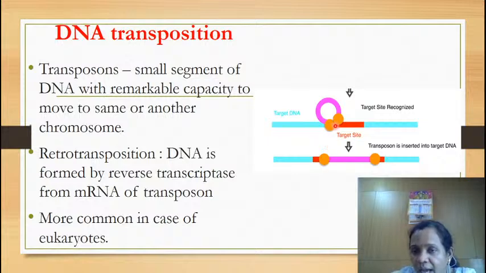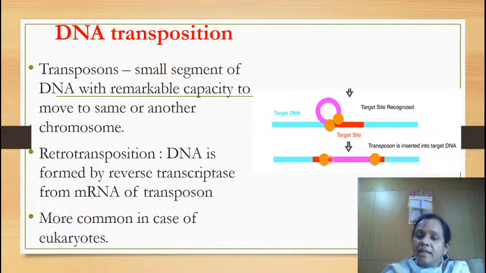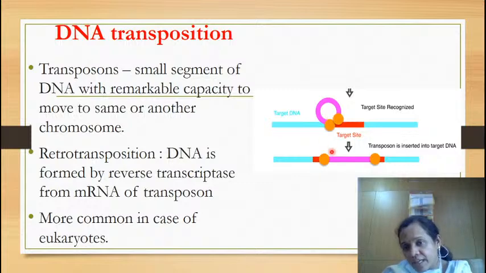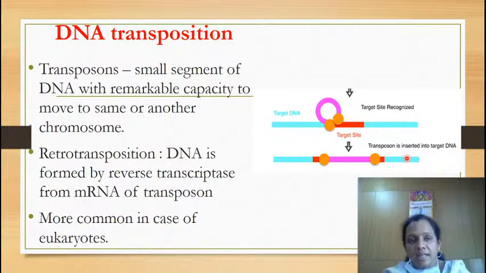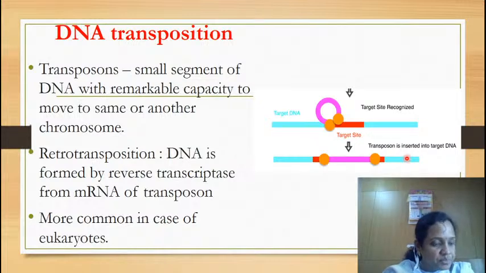A small gap is created and this transposon will get inserted into the target DNA. So now it has freely entered the target DNA and the transposon has united with the target DNA, and any gaps present are joined by means of ligases. So this is how the transposon gets incorporated into the target DNA.